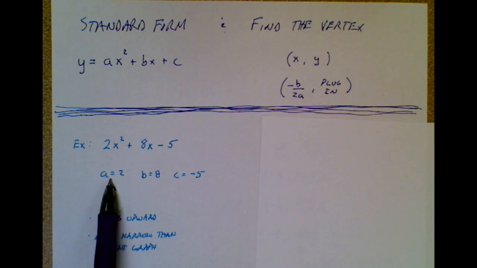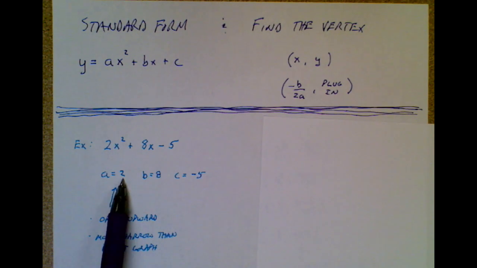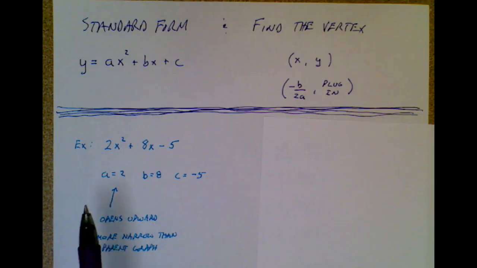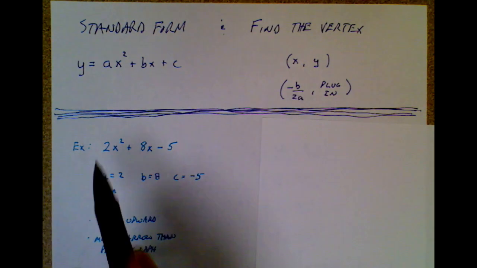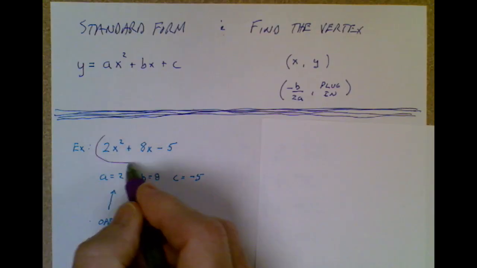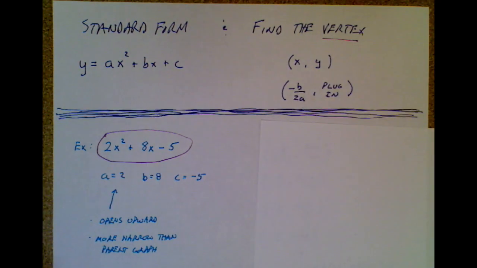The A is the same thing we learned in the previous form. If the A is positive, which it is, the graph is opening upwards. And if the A is bigger than 1, we have a graph that is more narrow than the parent graph. But now let's take a look at how we can find the vertex.